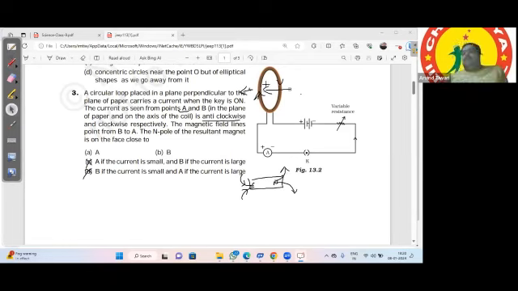So we observe that the magnetic field lines appear to come out from the side A, right? So the side A will be the north pole and side B will be the south pole. So here option A is correct.